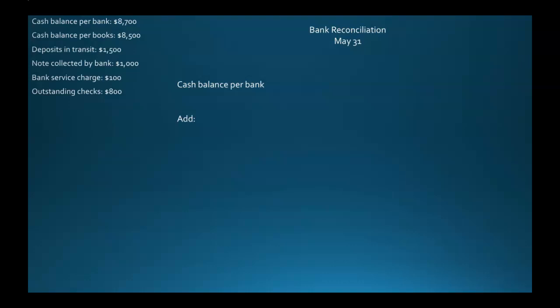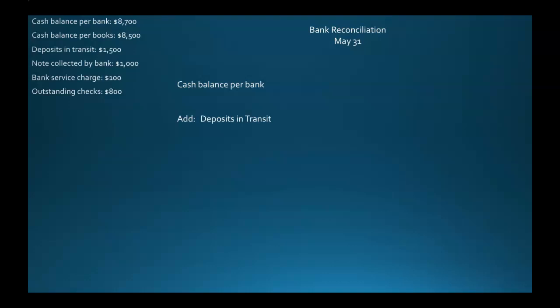So we're down to now deposits in transit and note collected by the bank. Well, if the bank collected the note, that means that they know about the note. So that does not get added on the per bank side. Instead, we will add deposits in transit.